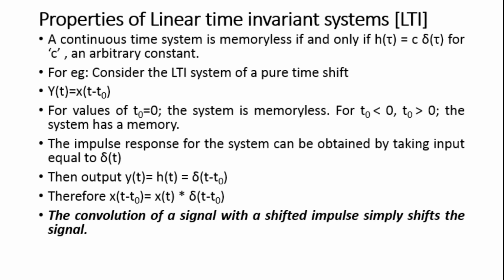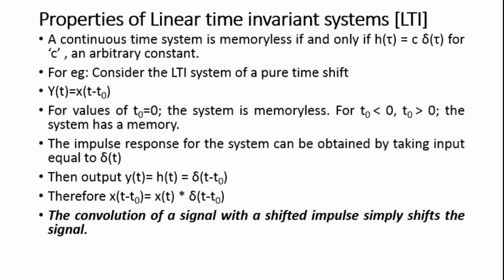For example, consider the LTI system of pure time shift, y(t) = x(t − t0). For t0 = 0, the system is memoryless. For t0 less than 0, and t0 greater than 0, the system has memory.